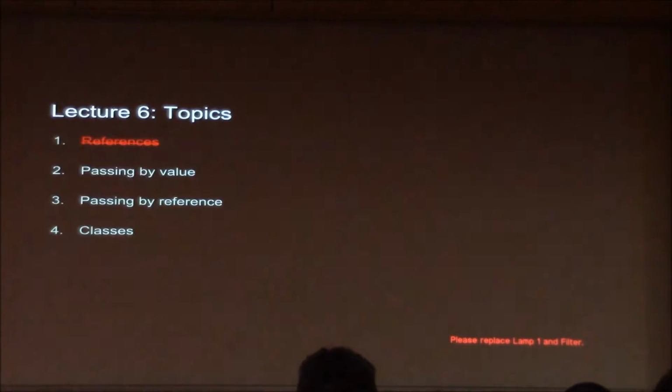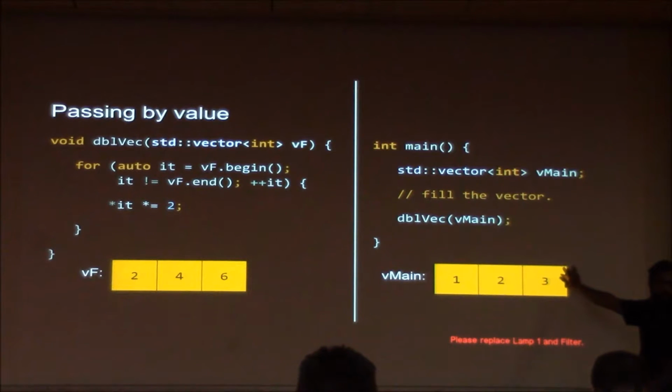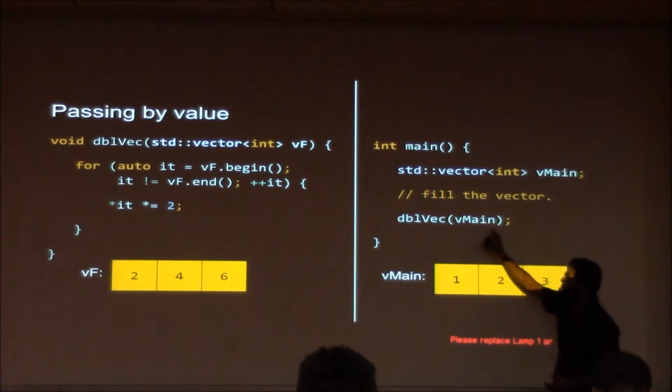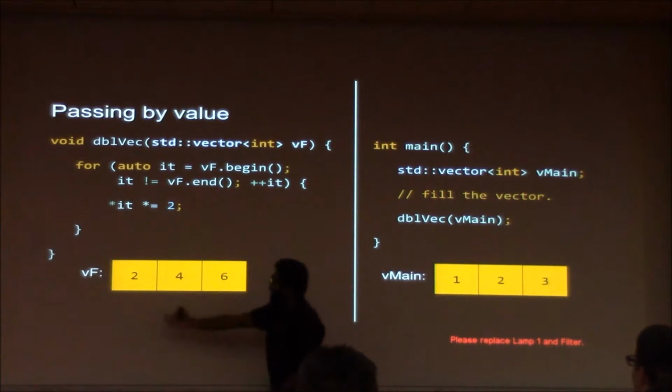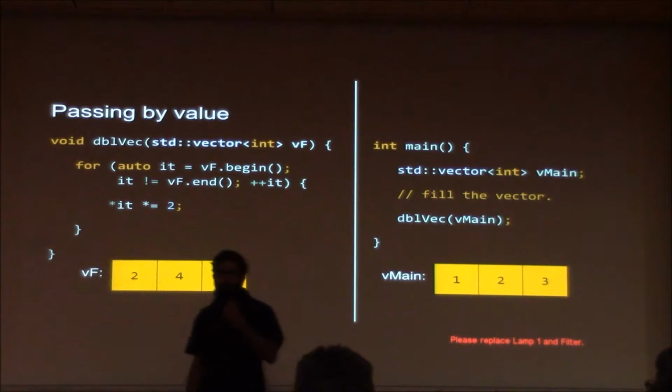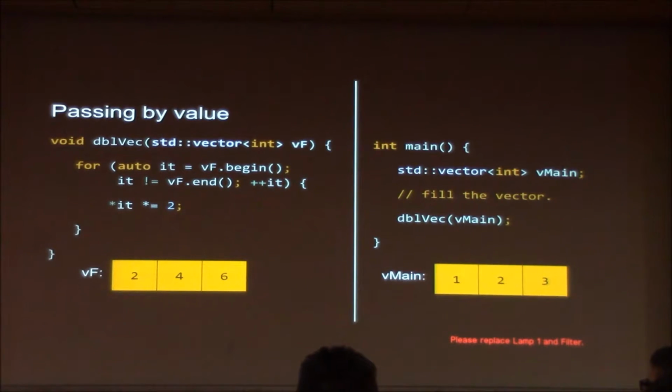And then when this line has completed execution and you return back to main, this particular function, double vector, has gone out of scope, and so has the vector vf.